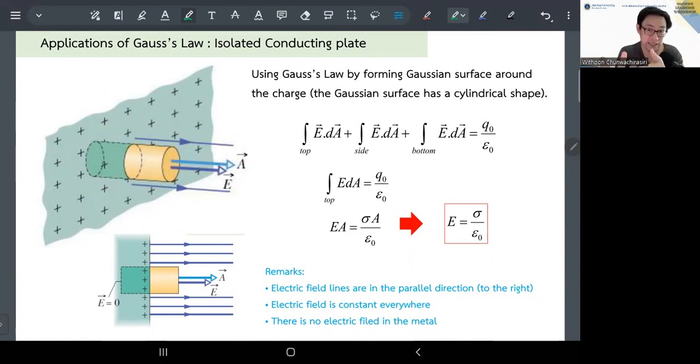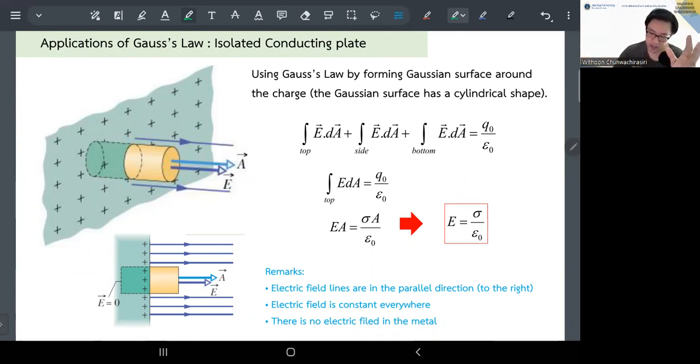It's a plate. So now that suggests to us that the shape of the Gaussian surface is supposed to be other than a sphere, right? Because a sheet or a flat piece of metal or flat piece of charge distribution on a plate shouldn't distribute in a spherical manner whatsoever. So we're supposed to pick something else.